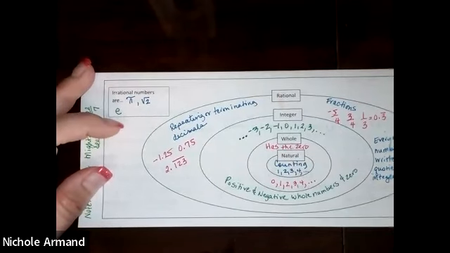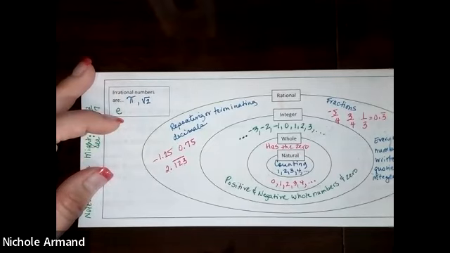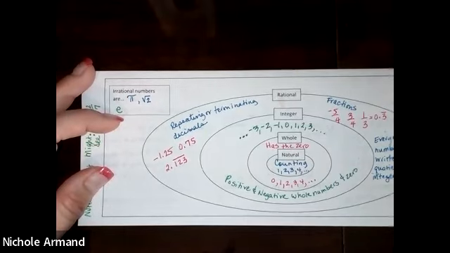And so e is another special non-terminating, non-repeating decimal. It's 2.7 something, something, something, and then it keeps going forever. But what's interesting is that this irrational number is related to the Fibonacci numbers, which you learned about in class during, I think, lesson 1.3.